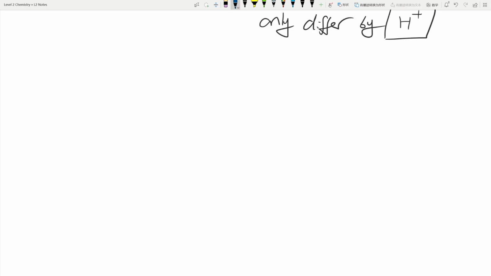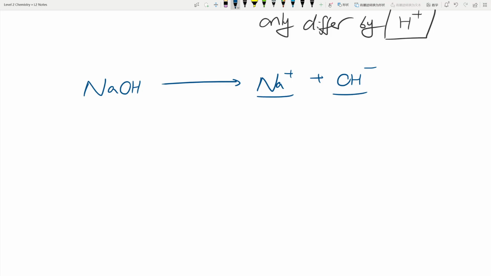bases. Like say for sodium hydroxide. For sodium hydroxide, I don't even bother with the water. They just completely dissociate. It's a lot easier without the water. Actually, they just dissociate into the two ions, and it's exactly the same thing. And they dissociate in water, and then you just break them into the ions, and this is how we know that sodium hydroxide is an alkaline.